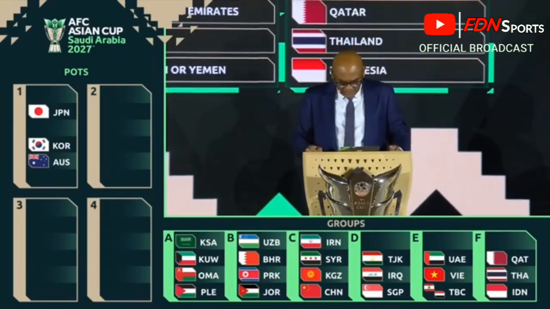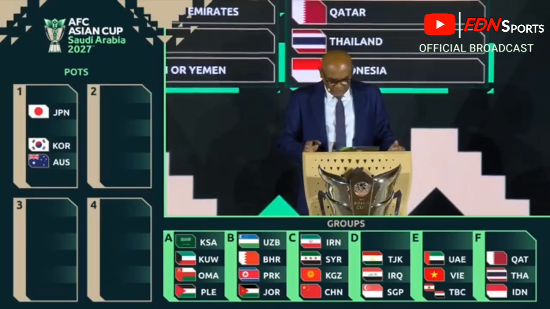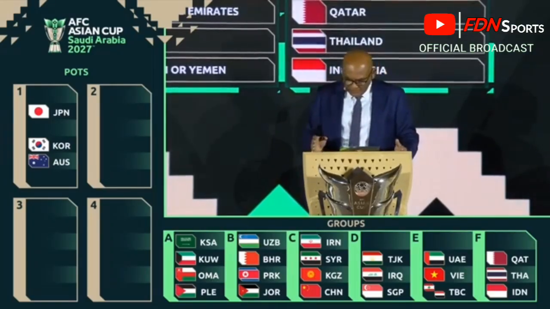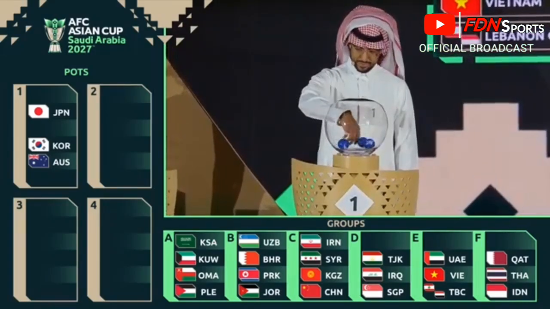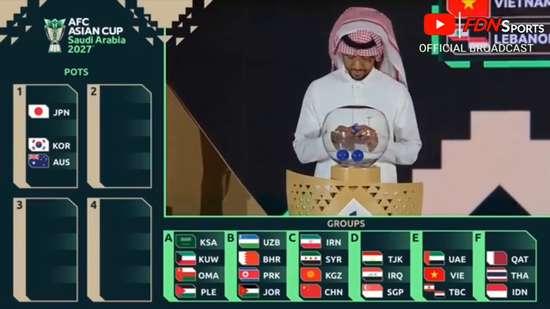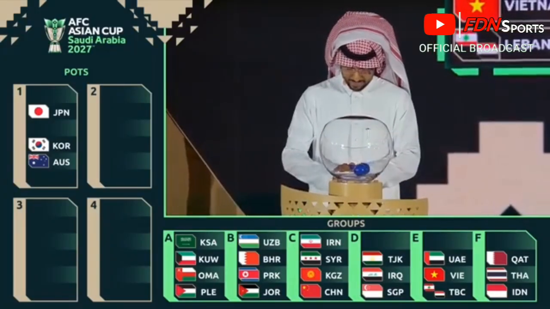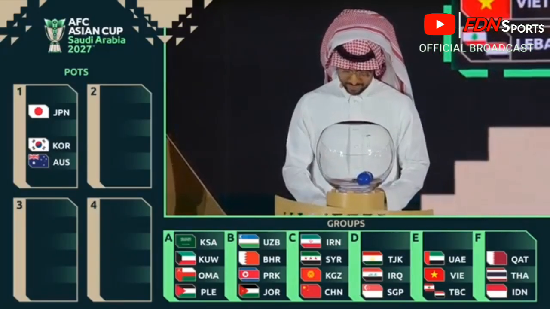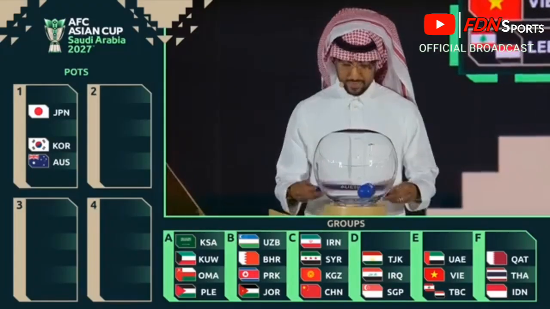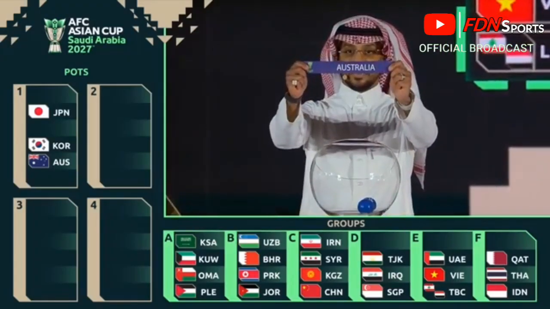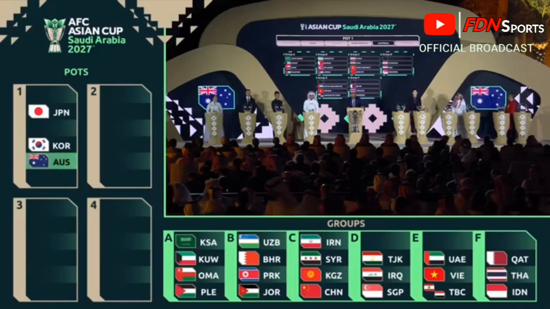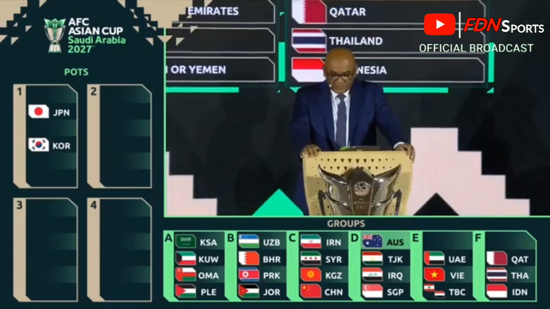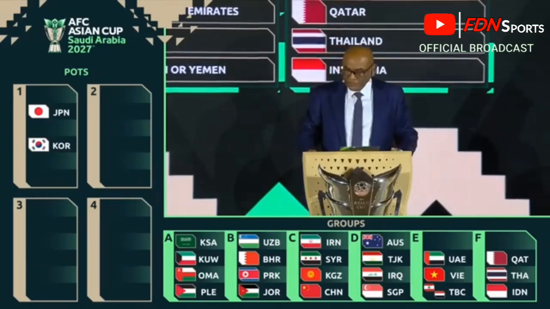Islamic Republic of Iran is in Group C together with Syria, Kyrgyz Republic and China PR. Next ball, which will be placed in Group D. Australia. Australia in Group D, position 1, together with Tajikistan, Iraq, who has an Australian coach, and Singapore.